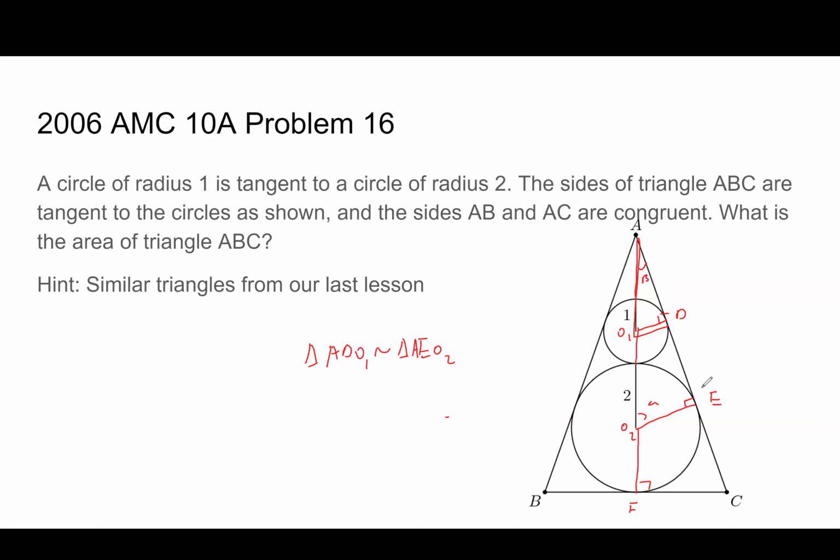Then this angle FCA must also be alpha. Since they have the same angles, we can say that these two triangles are also similar to AFC. So that's a huge hint. I'll give you guys some more time to just do this question.